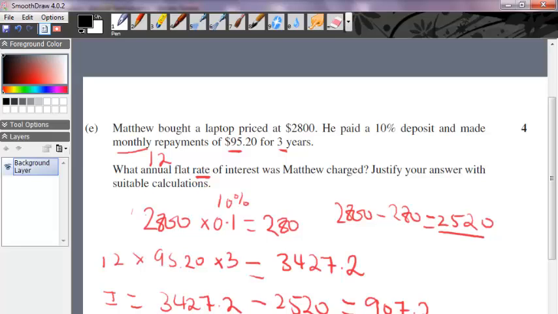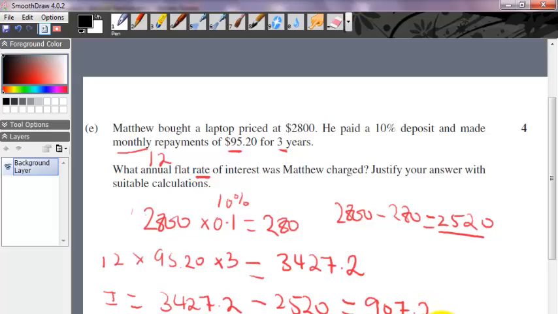3. Okay. Now, if we did it like this, the only problem is the fact that this is a monthly repayment for 3 years. So I must make my R, or not really. The only thing is that you're going to make your R over 12 as well. So then you can make it interest a month as well. But I don't think it should make a difference, because if I made an R over 12, I'm going to make it 36 here. 36 over 12 should still be 3.